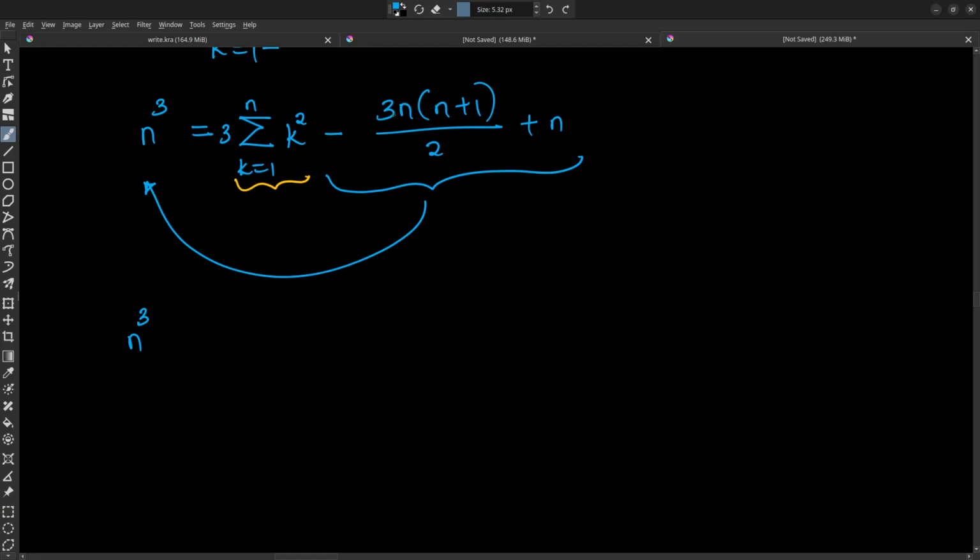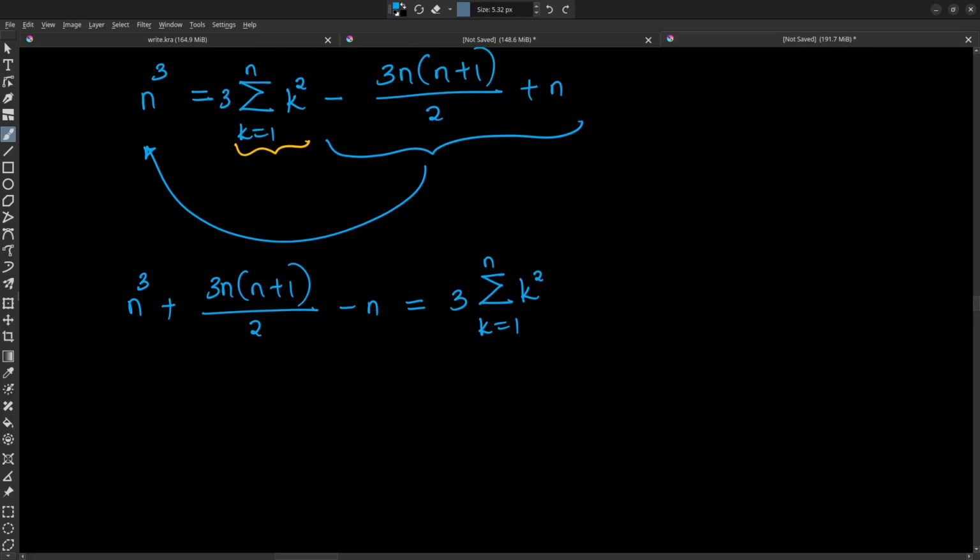When this minus 3n(n plus 1) all over 2, this whole expression, comes to the left, it becomes positive, so it will be plus 3n(n plus 1) all over 2. Then positive n comes to the left, becomes minus n, and this equals 3 times the summation, where k equals 1 to n of k squared.